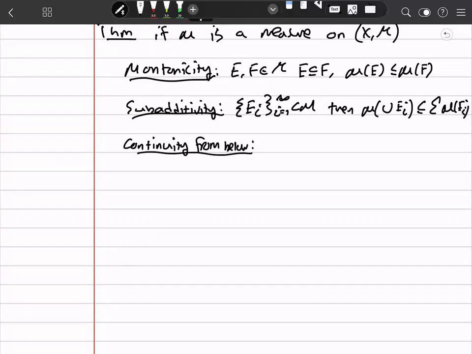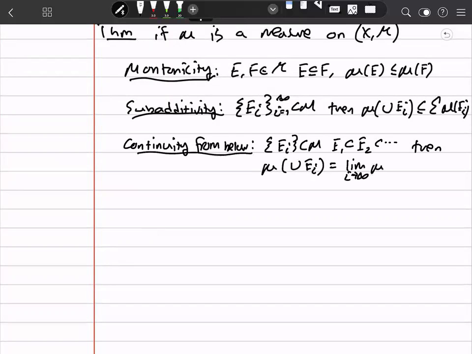Continuity from below states that if we have a nested sequence E sub i in M, so E1 is a subset of E2 is a subset of E3 and so on, then mu of the union of E sub i is equal to the limit as i goes to infinity of mu of E sub i. And this limit could be infinite, of course.